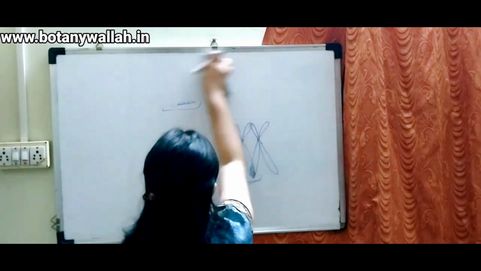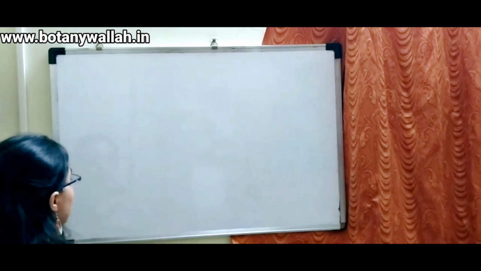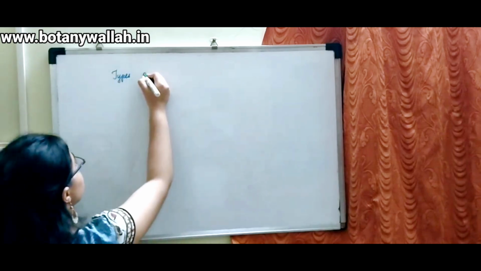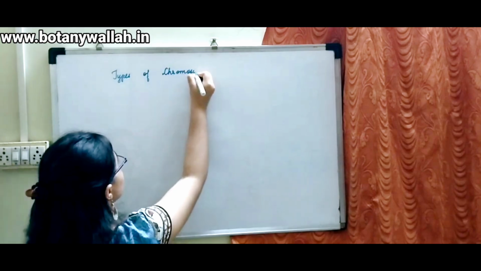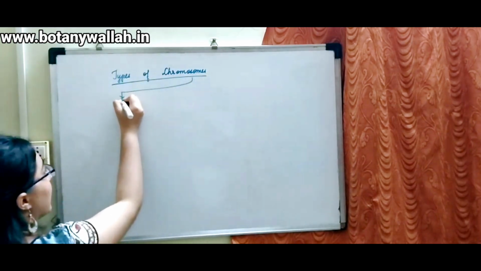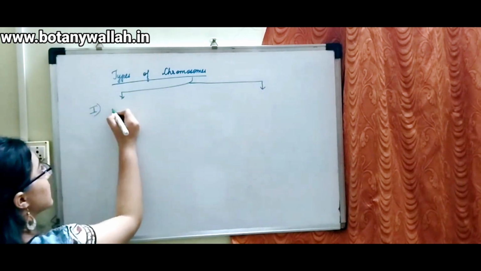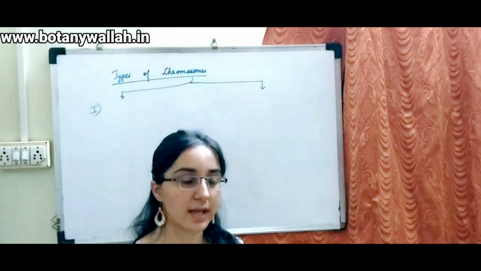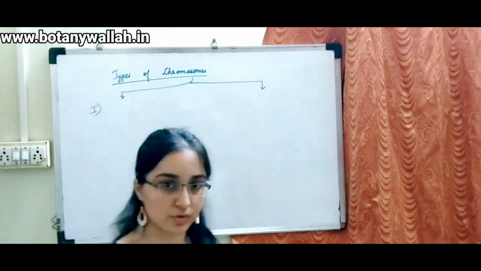Types of chromosomes we are going to speak about. The topic is types of chromosomes. This topic is divided into two parts. The first part is based on which type of chromosome it is, whether it is an autosome or a sex chromosome.